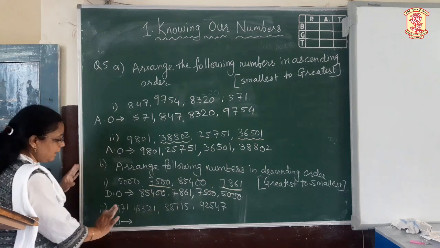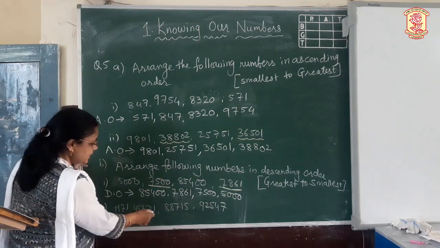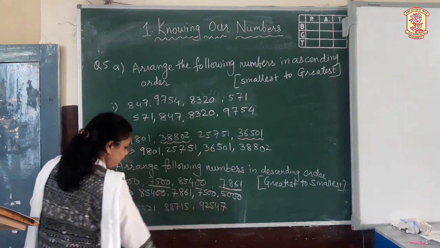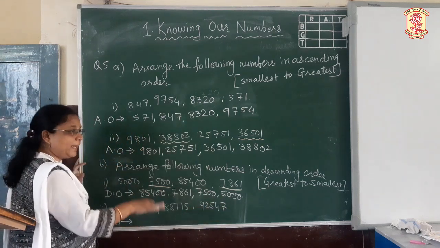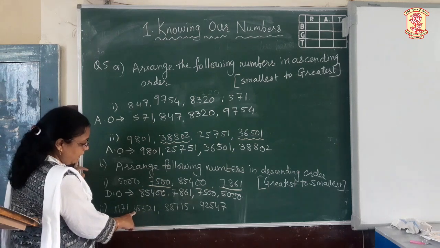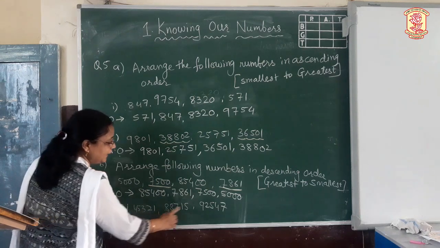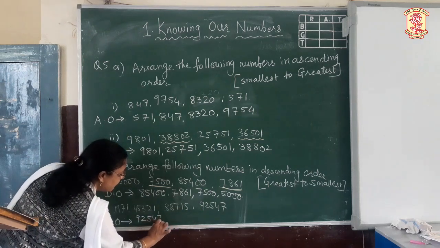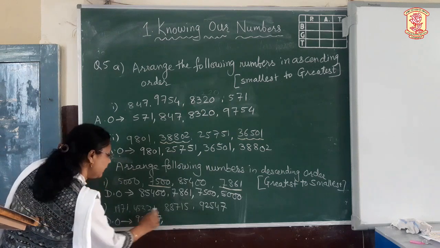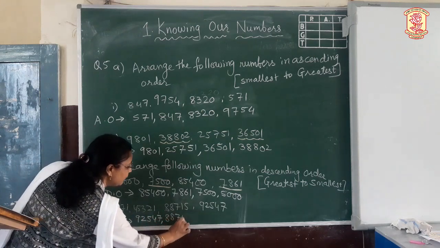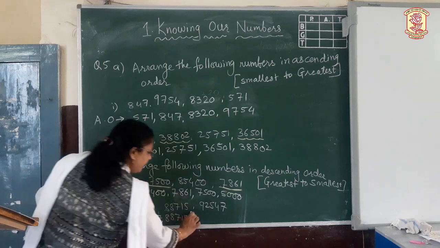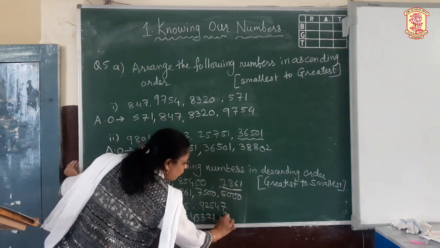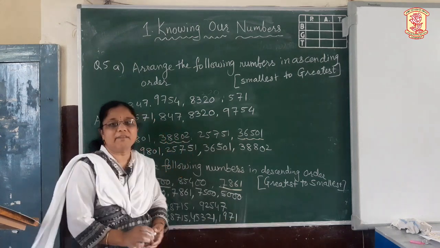Among these, this is a 4-digit number, this is a 5-digit, this is also 5-digit and this is also 5-digit. Now think for the 5-digit numbers first. The extreme left digits are 4, 8 and 9. That means 92,547 is the greatest. After that 88,715. Third number will be 45,321 and the last number 1,971.